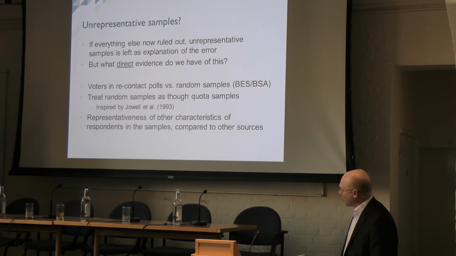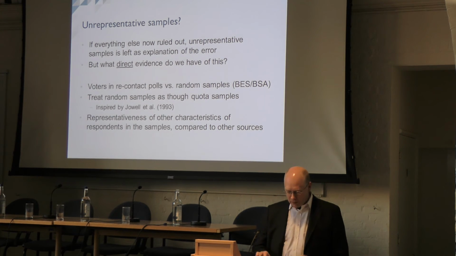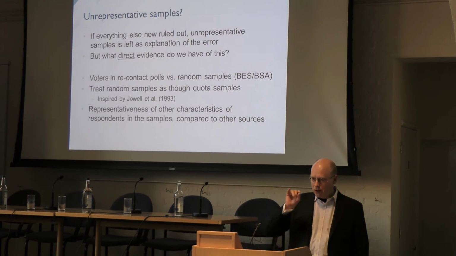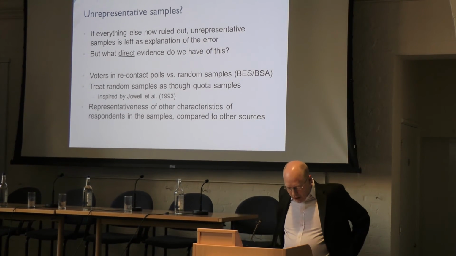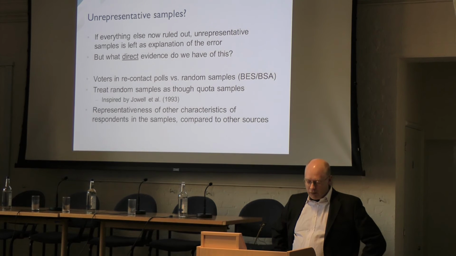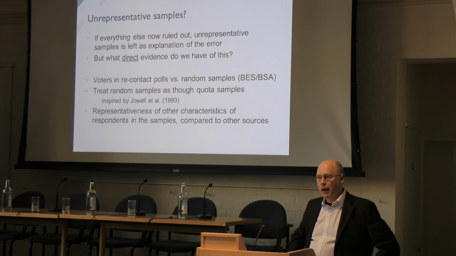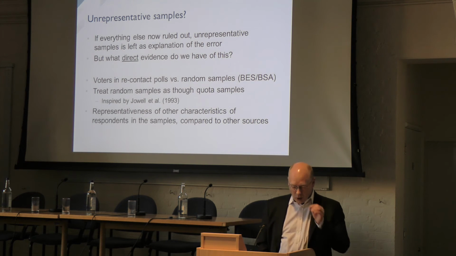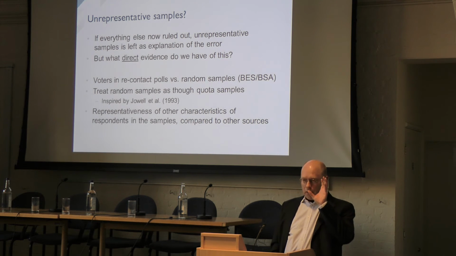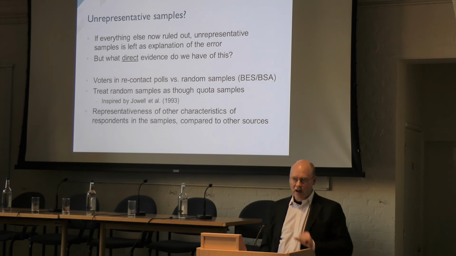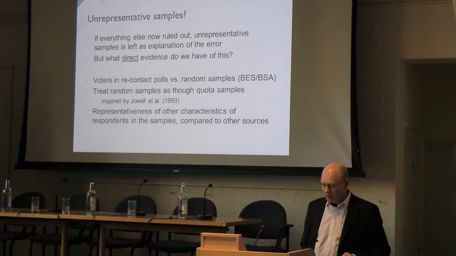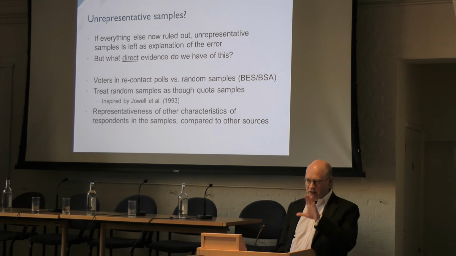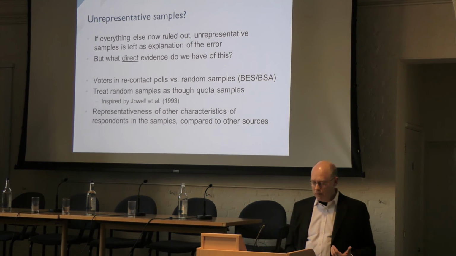Again, I'm going to talk about 3 kinds briefly and show you some of them in more detail. Here the like with like comparison is between, on the one hand, voters in recontact polls and then those BES and BSA blue diamonds that you saw earlier. In that, both are asked after the elections because these are recontact polls, so a turnout screen is not necessary because these are both known voters or known self-reported voters.